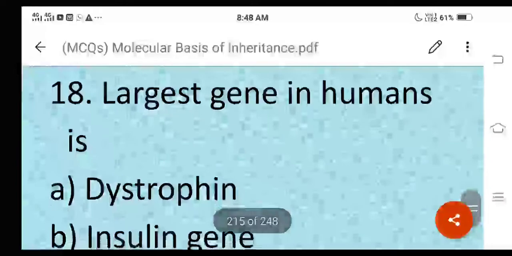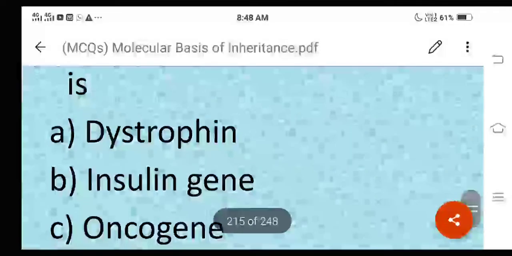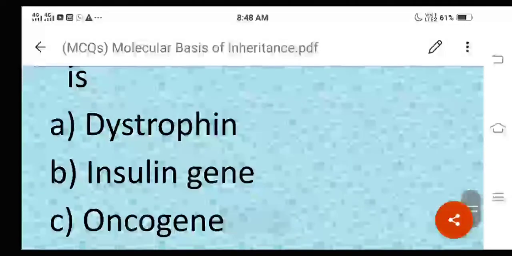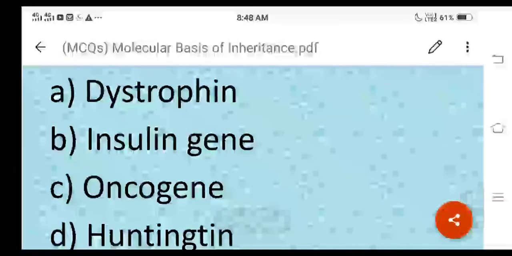Then let us move on to the next question. Question number 18. The largest gene in humans is what? The options are dystrophin, insulin gene, oncogene, then huntingtin gene.